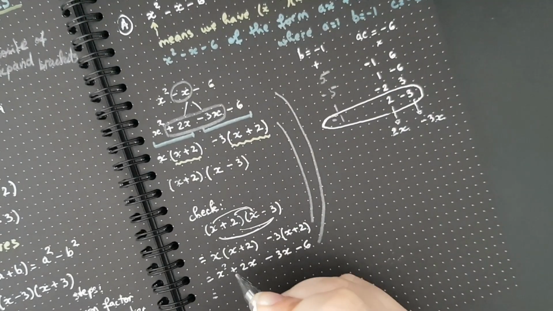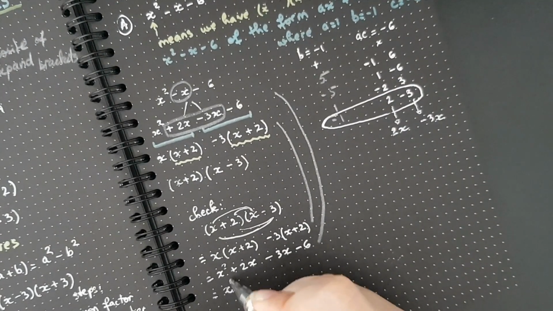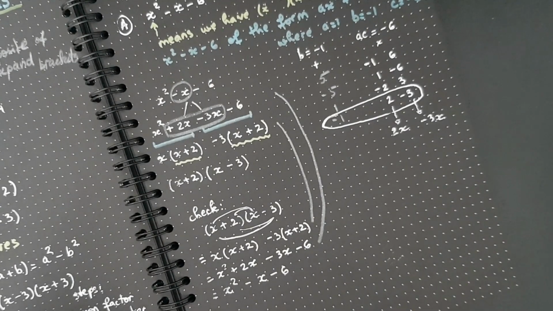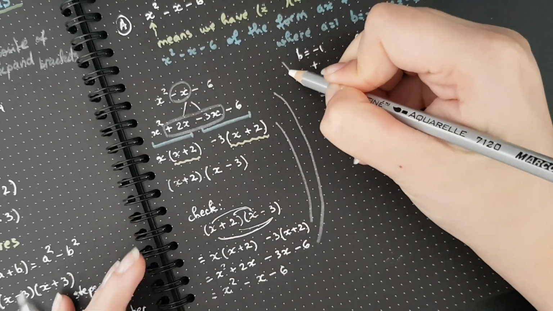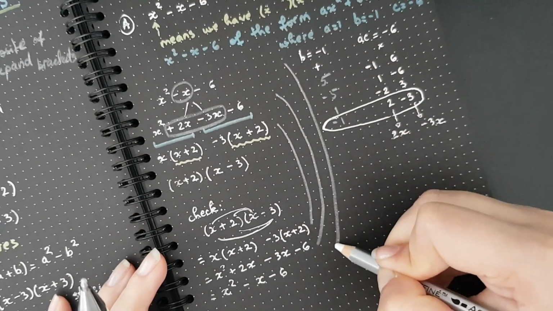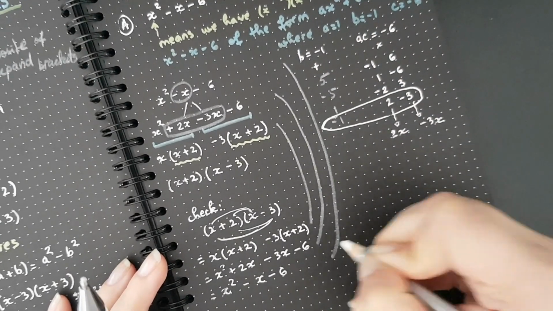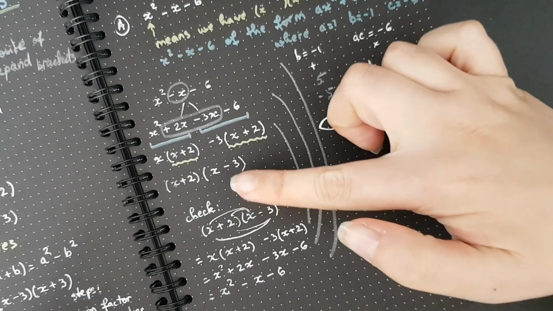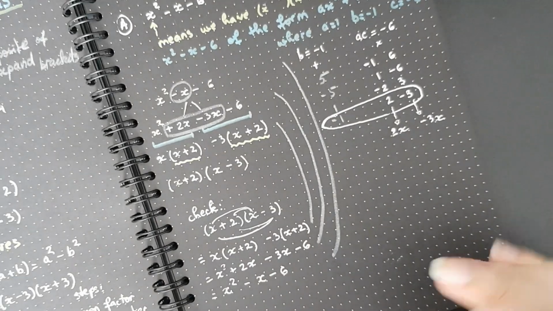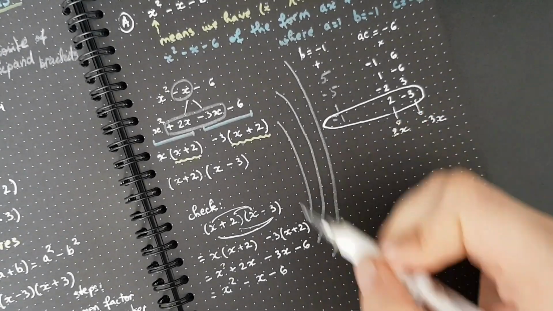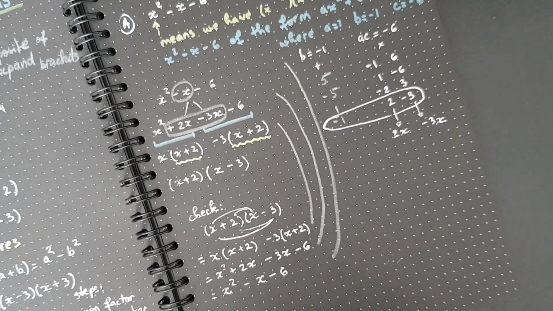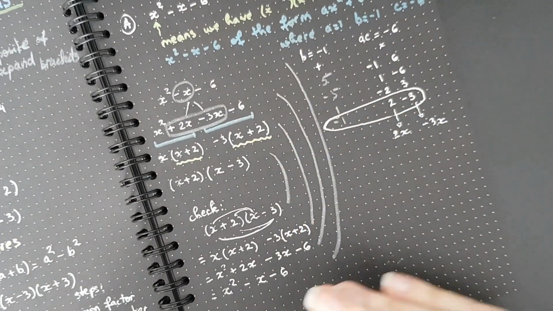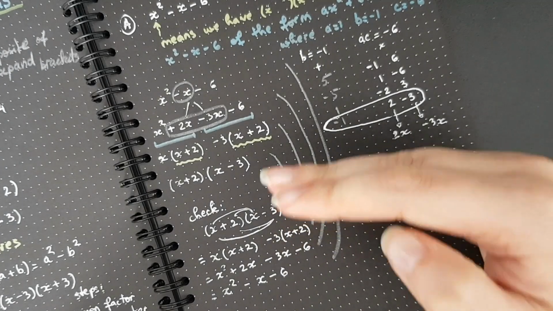And then I look at these two things in the middle, and I've got x squared minus x minus 6, which is exactly what we started with. So this method is basically multiplying brackets the other way around. I find this fascinating. Just the fact that they match so nicely, it just blows my mind. So we actually have exactly the same steps, just the other way around.